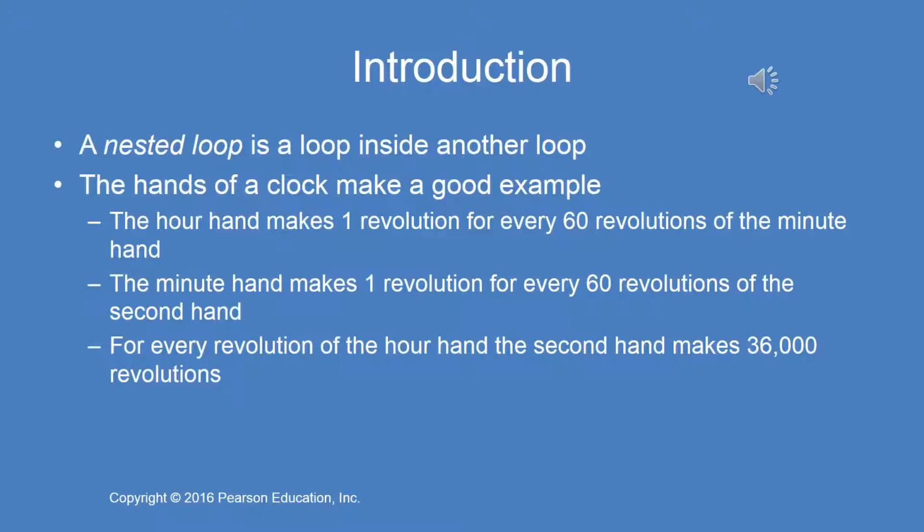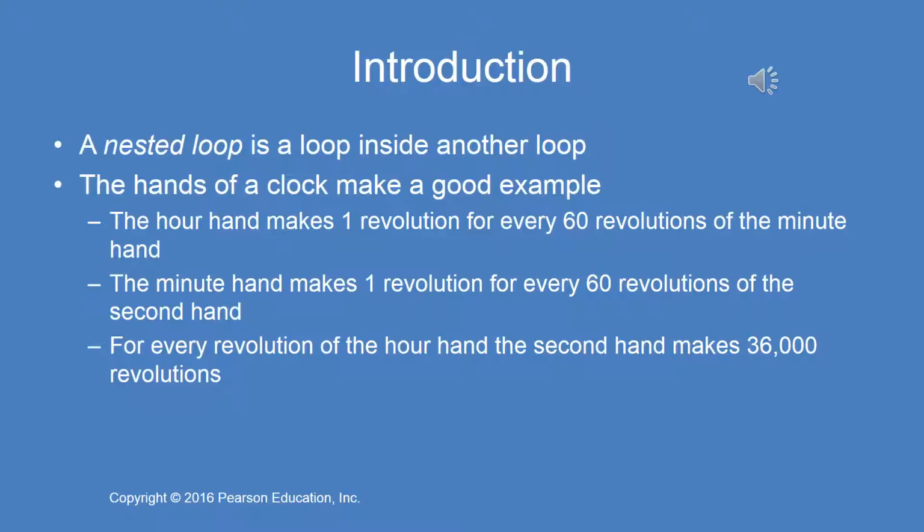So the second hand would be the nested loop within the nested loop of the hour hand. So we have two levels of nesting in this example. The hour hand is the outer loop. The minute hand is nested within the outer hand. And then the second hand is nested within the minute hand loop.